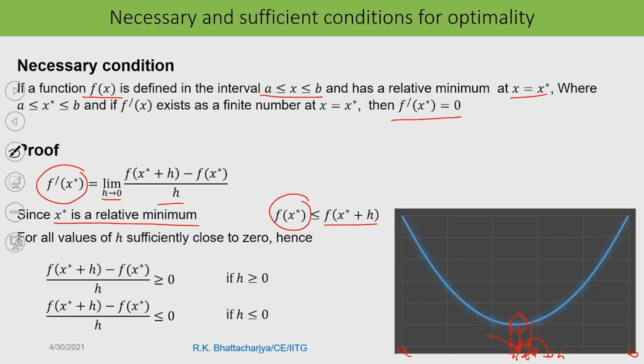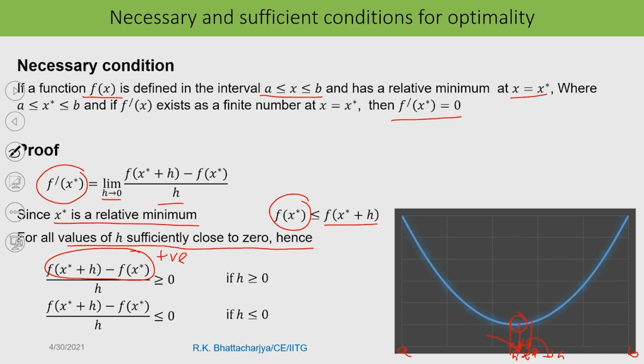Whatever function value we have at f(x star plus h) is more than f(x star), if x star is a relative minimum, for all values of h sufficiently close to 0. Then what will happen? This particular portion is always positive, isn't it? Because x star is a relative minimum.